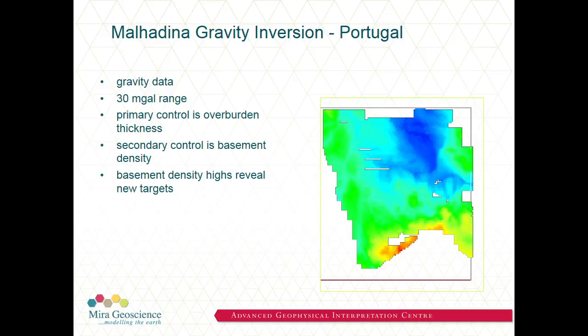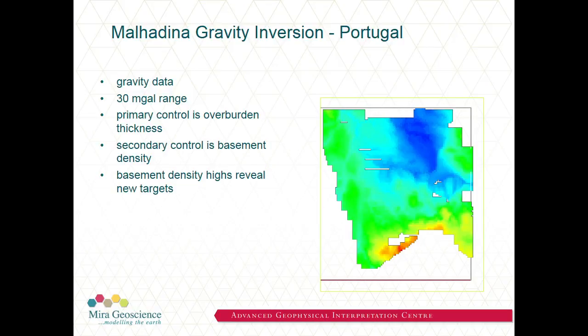And the idea here is this is very prospective ground through the basin, and the cover's not that thick. Nevis Corvo is just somewhere over about here. And there's other deposits in Portugal on the west side as well. So the understanding was that the primary control on the gravity data was in fact the overburden thickness and its variation, and the secondary control was the basement density.